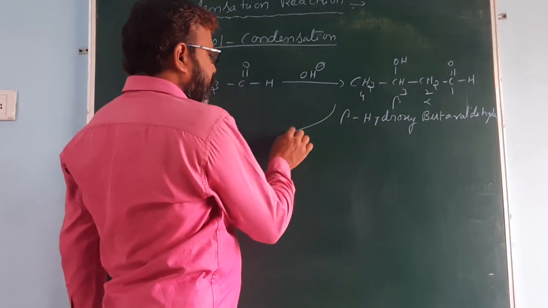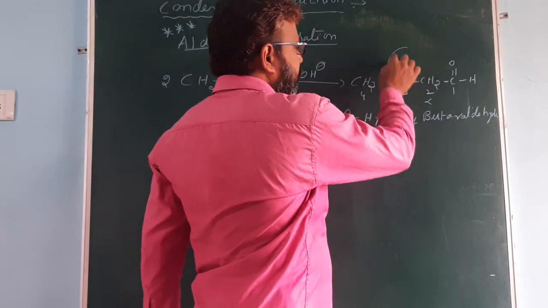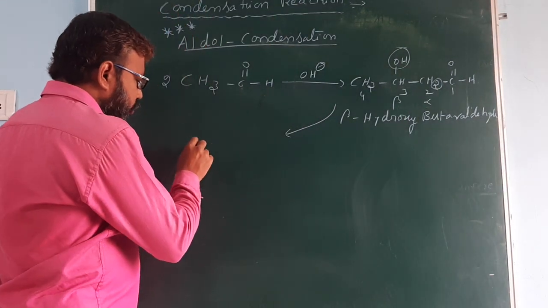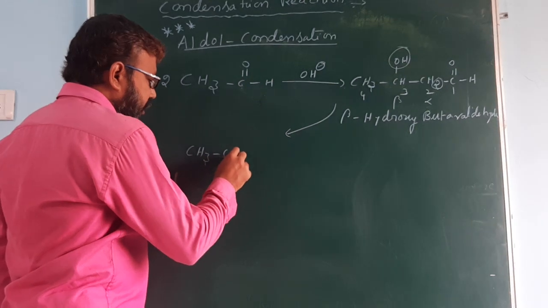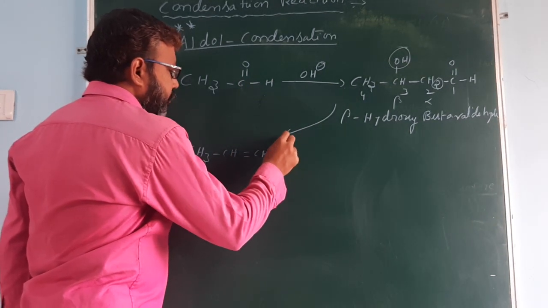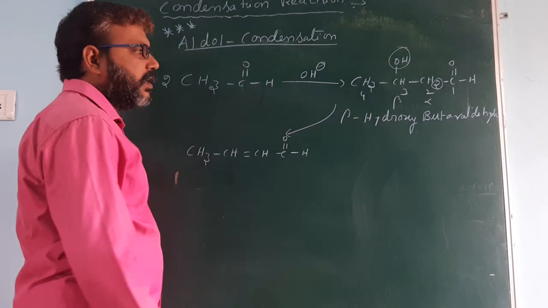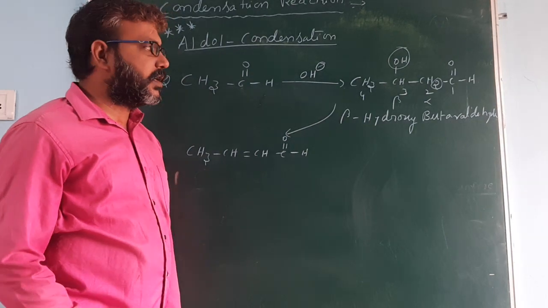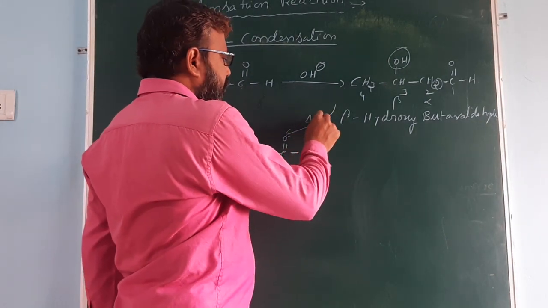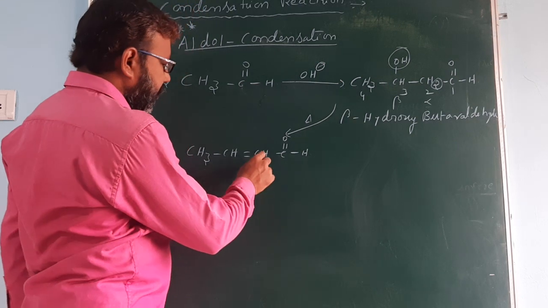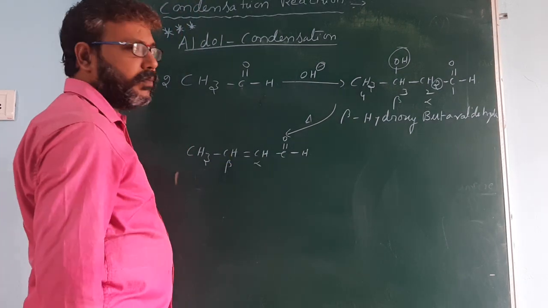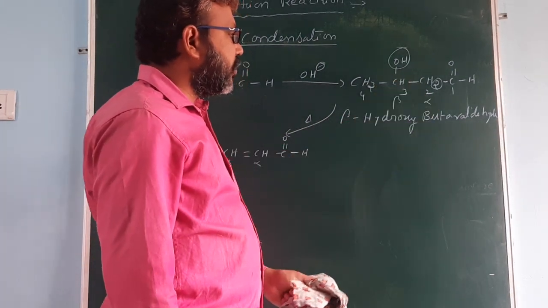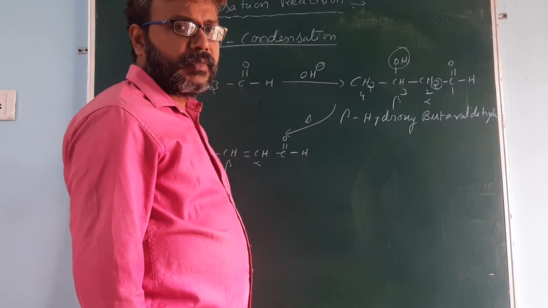In aldol condensation, if you maintain the temperature, dehydration takes place, with loss of a water molecule, to give an alpha beta unsaturated carbonyl compound. If you do not maintain the temperature, the reaction stops at the aldol stage.